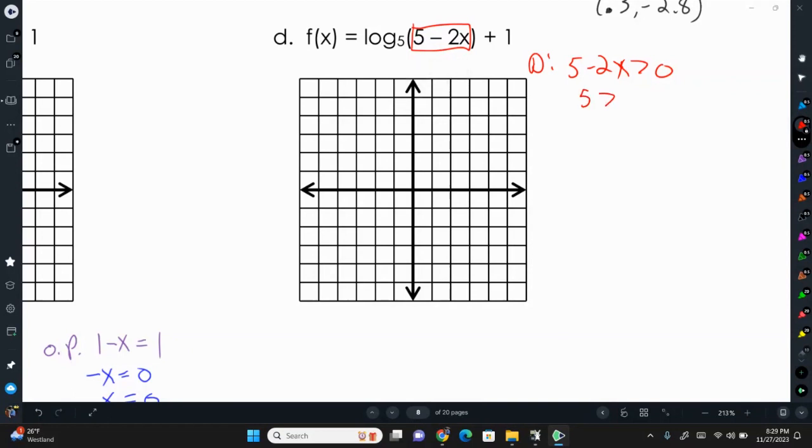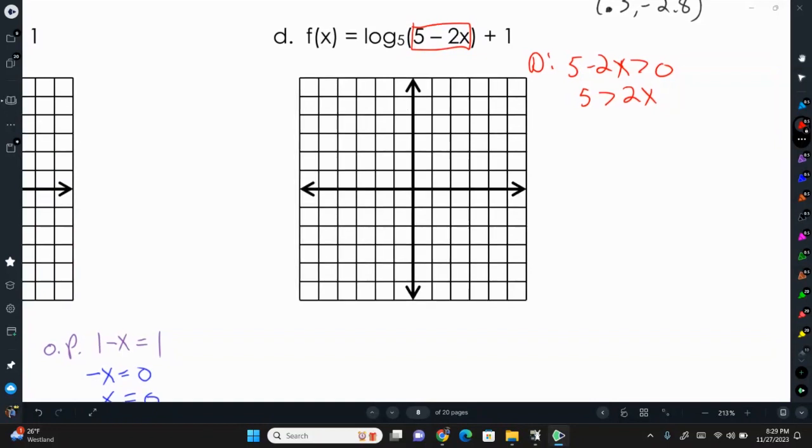We get 5 is greater than 2x. And then when we divide both sides by 2, we get 5 over 2 is greater than x, which is the same thing as x is less than 5 over 2.